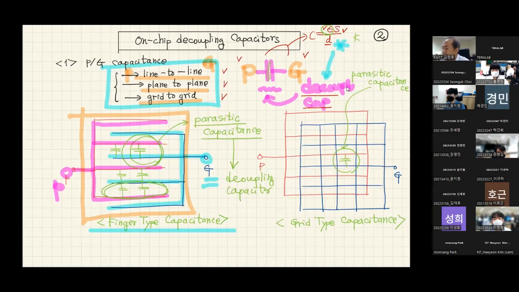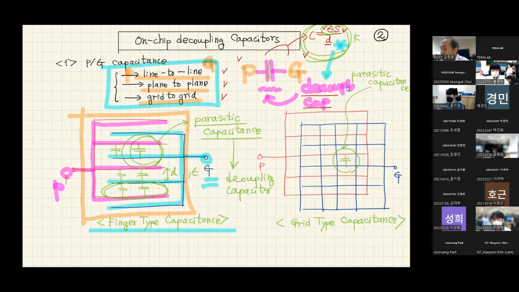So once again, if you want to maximize the decoupling capacitors, you have to reduce the distance between the fingers, and also fill dielectric material which has the highest dielectric constant.